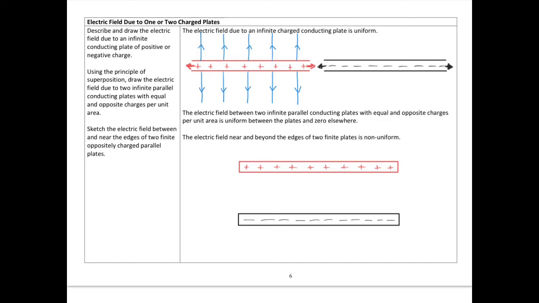We can see the electric field is uniform, that the lines are equally spaced in that space surrounding it. And the negative one obviously looks very similar. However, in this case, the field is directed towards the plate.